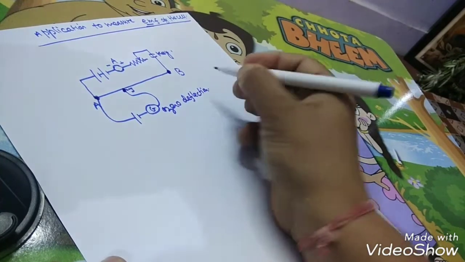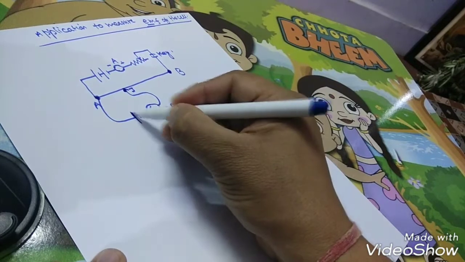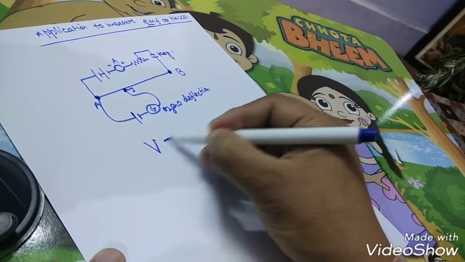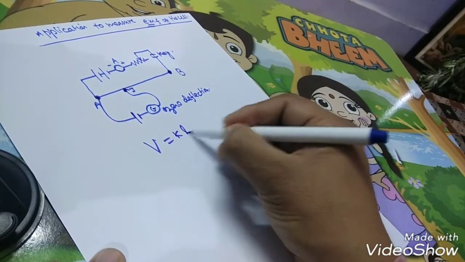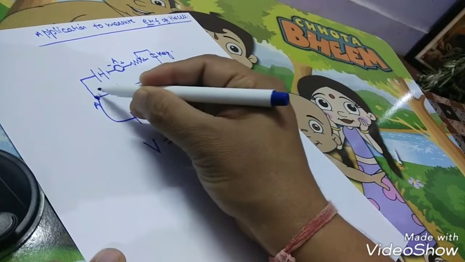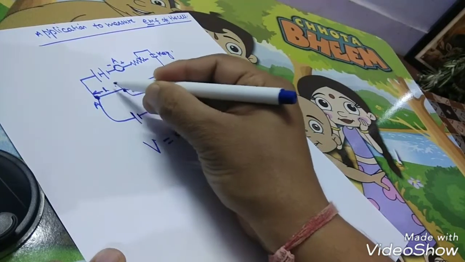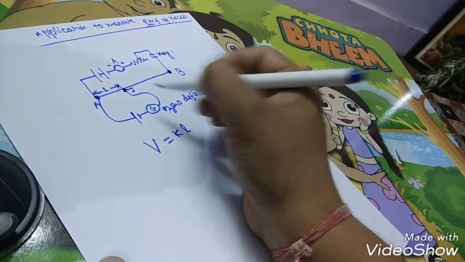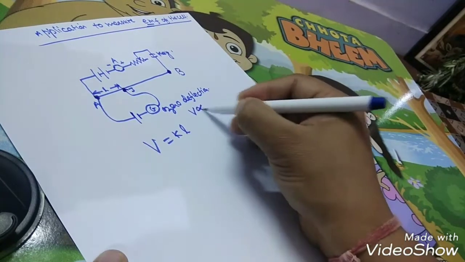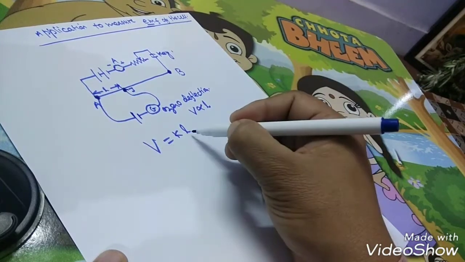What does it mean? It means that the EMF of this cell is equal to the potential drop across the length L of the potentiometer wire. Suppose at this point we get the balancing point. As we know, as per the principle of potentiometer, V is directly proportional to L. So V is equal to KL.